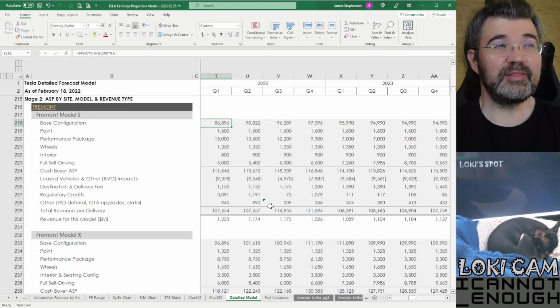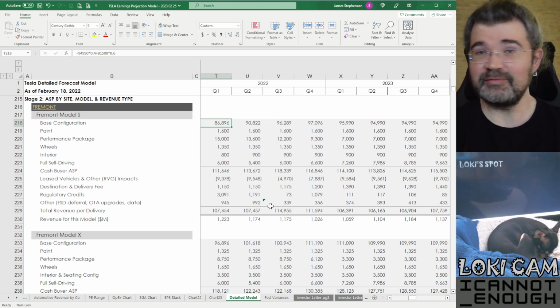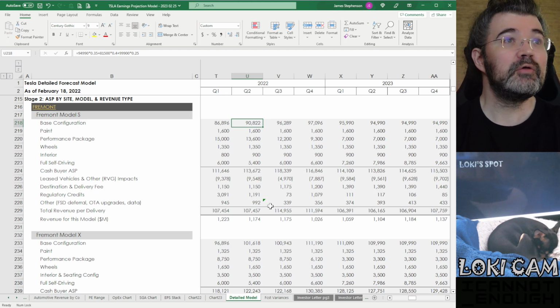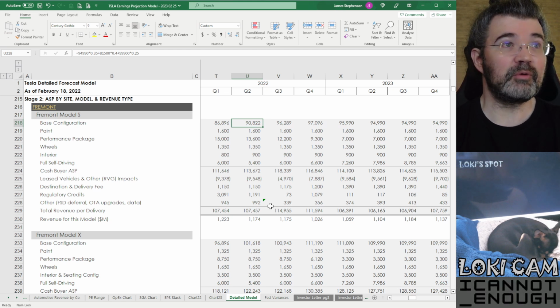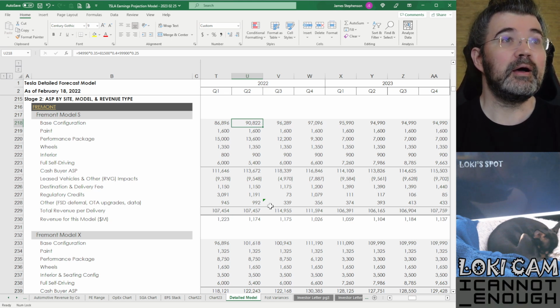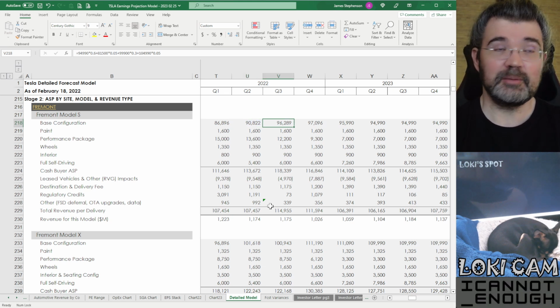There was an $81,500 starting price on the Fremont Model S back in 2021, and a bunch of people ordered at that price and didn't get their vehicle until 2022. So then they raised the price to $94,990, and then they raised it to $99,900. And so there was a mix of those prices assumed in my forecast.